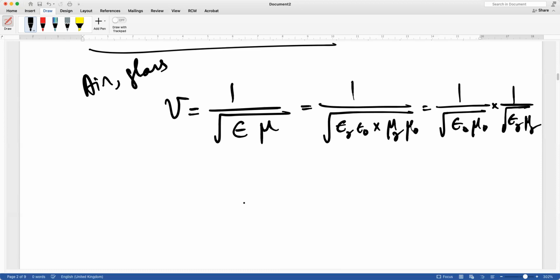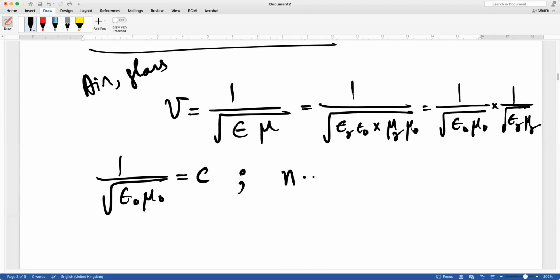Is that okay? And we know that 1 over square root of epsilon naught mu naught can be written as C, the vacuum speed, and we define a new quantity called refractive index, which is nothing but square root of epsilon r mu r.